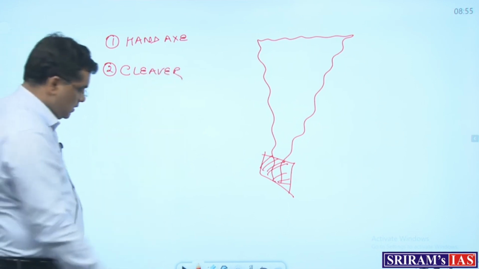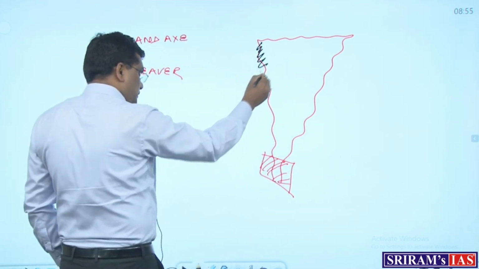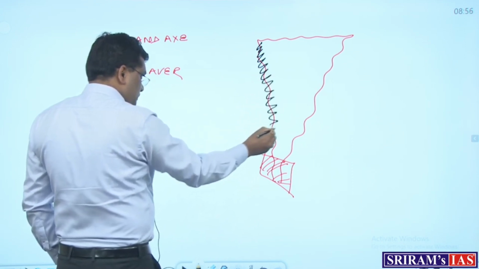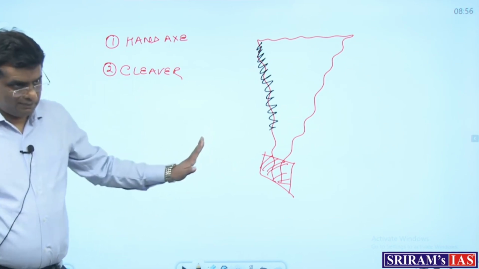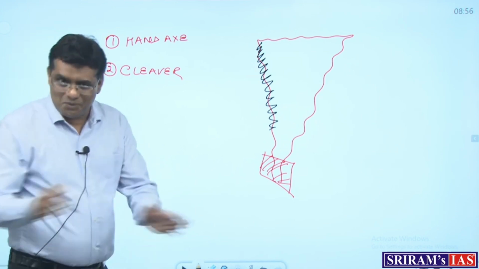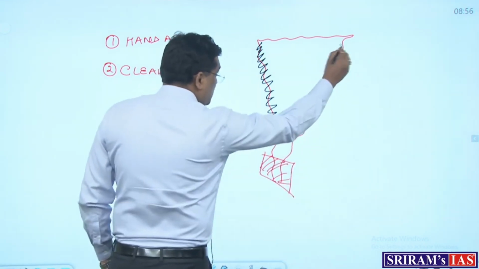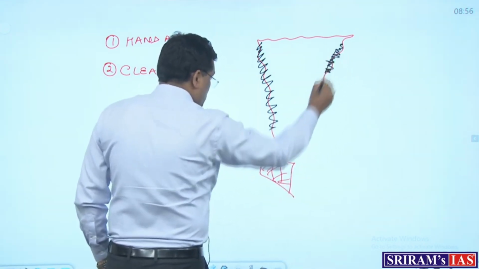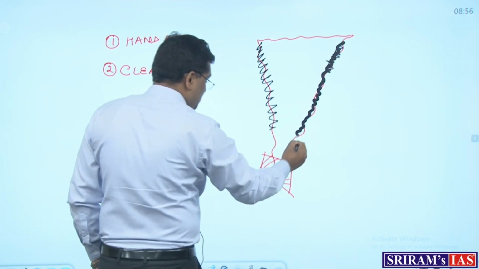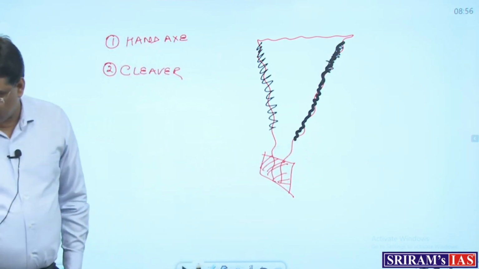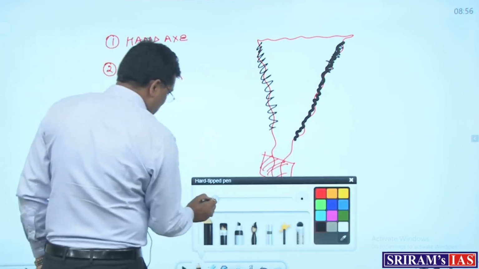Suppose this hand axe is sharpened from one end. That is cleaver. Cut into two pieces. And suppose it's sharpened from the other end also, a little more sharp. Cuts on both sides. That is called chopper, chopping.